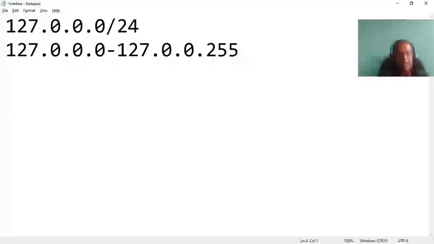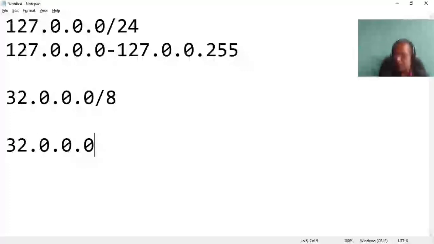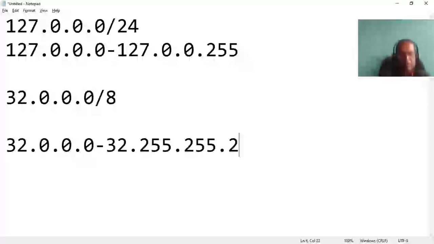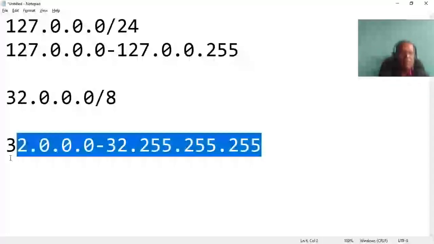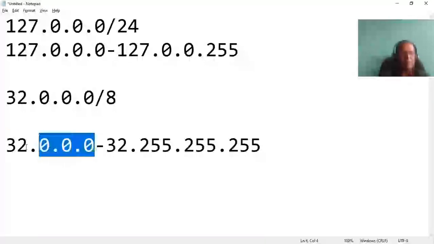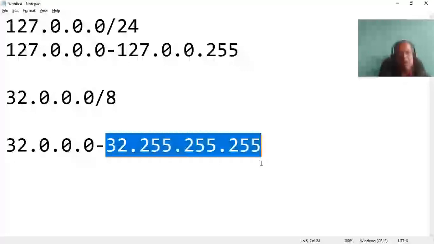So let us take another example. Suppose I have an IP address with a /8 prefix, such as 32.0.0.0. That means the number of hosts in this network can be from 32.0.0.0, which is the starting range, to 32.255.255.255, which is the last host ID.